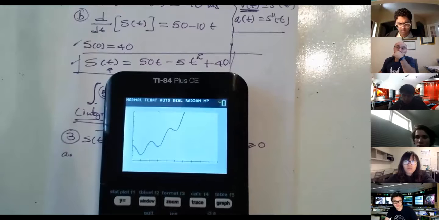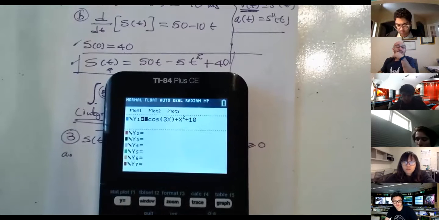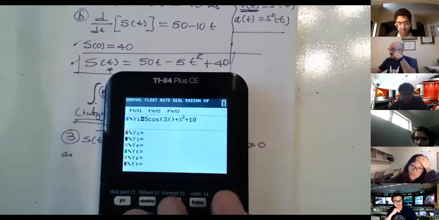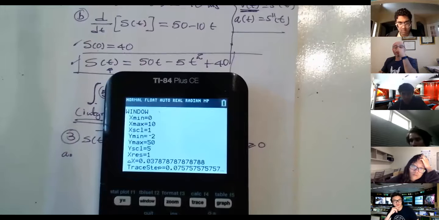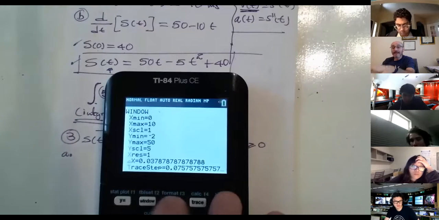That is the function, okay? That's the equation, 5 cosine of 3x plus x squared plus 10. Sorry, this is the window that I use so I can see it, because initially I didn't see the whole thing. Okay. And then it should look like that.